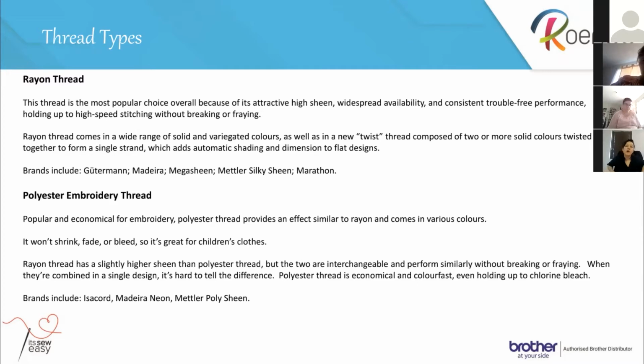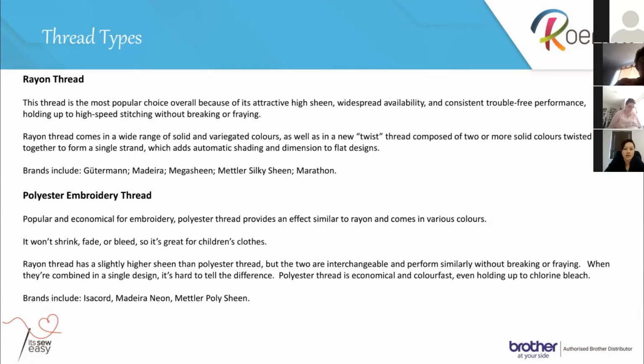So then we're going to move on to the different thread types. This is now what the Marathon and the Colorful is made up of. So our Marathon is made up of a Rayon thread, and this is the most popular choice simply because of its high sheen and widespread availability. And it has a very, very consistent performance, it doesn't really break.